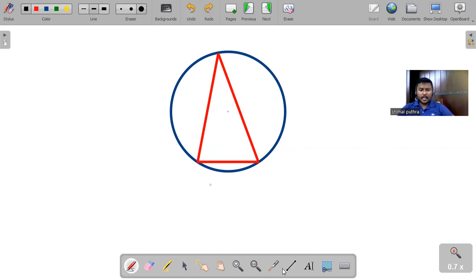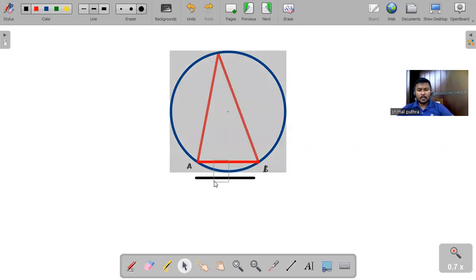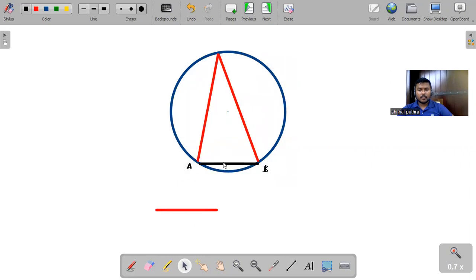Okay, I created the chord called AB. This is AB. I created an angle in the circumference.